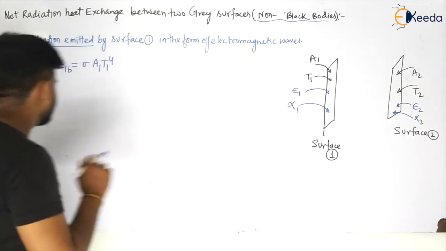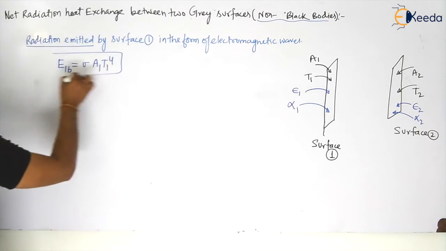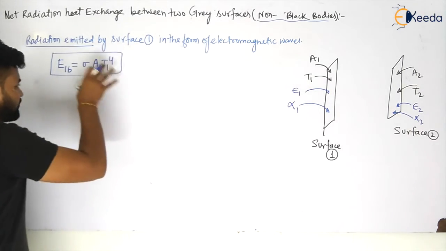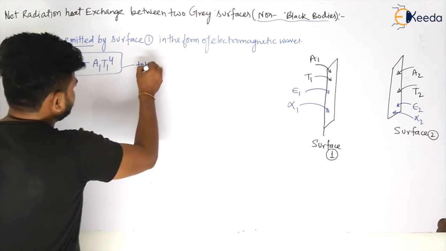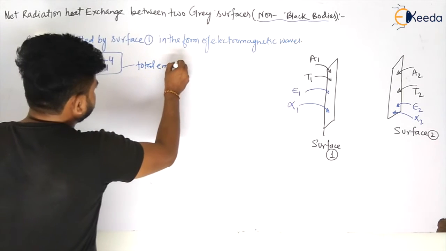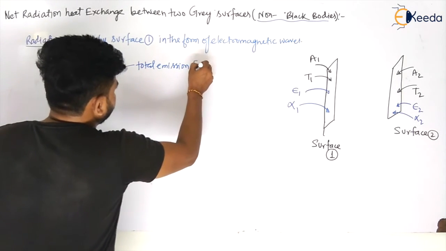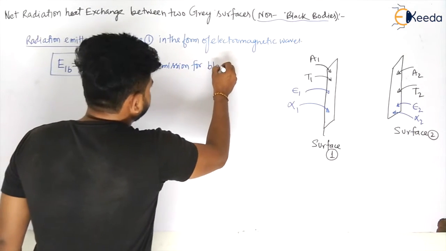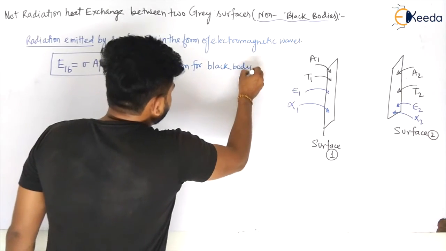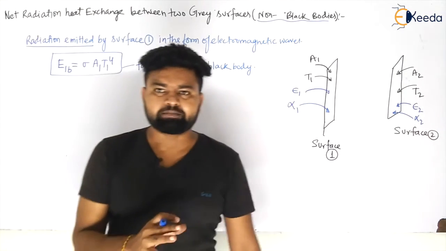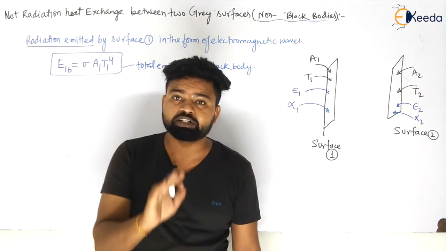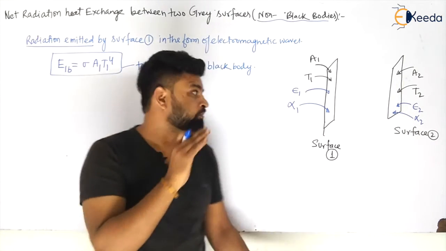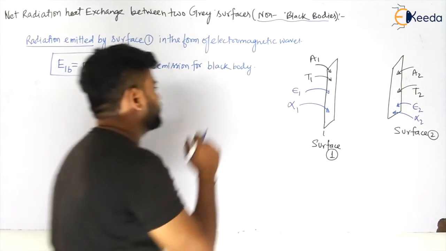That is the total emission for a black body. So by comparing with the black body, now I will calculate the radiation emitted by surface 1, my dear students.